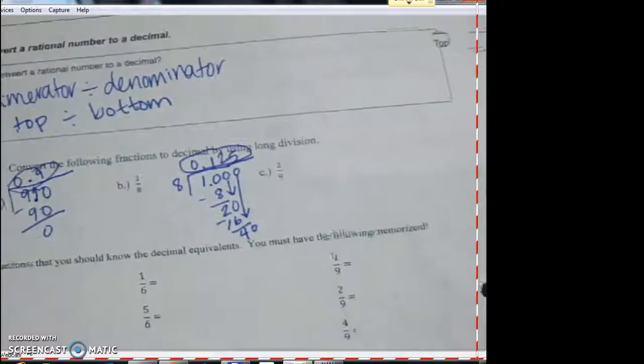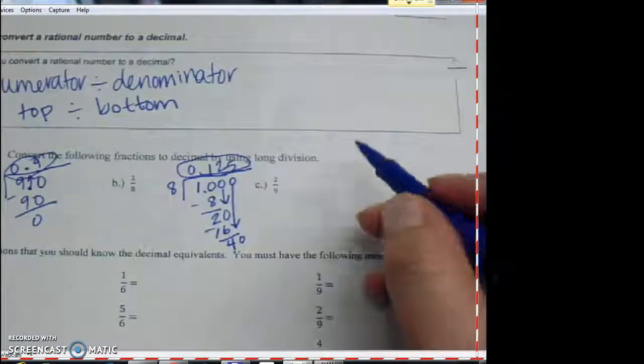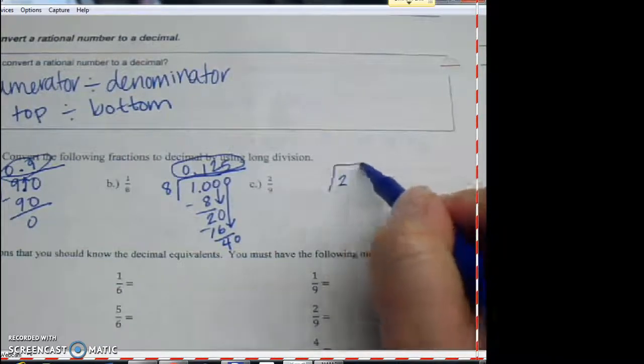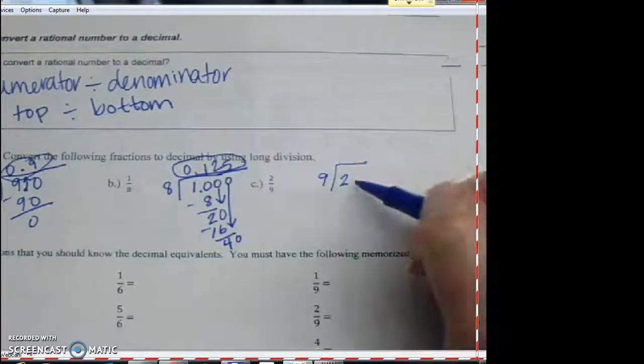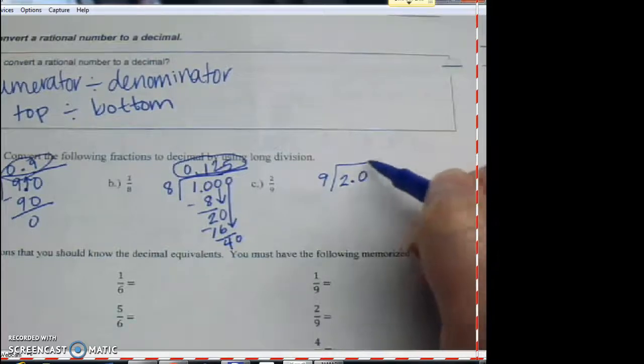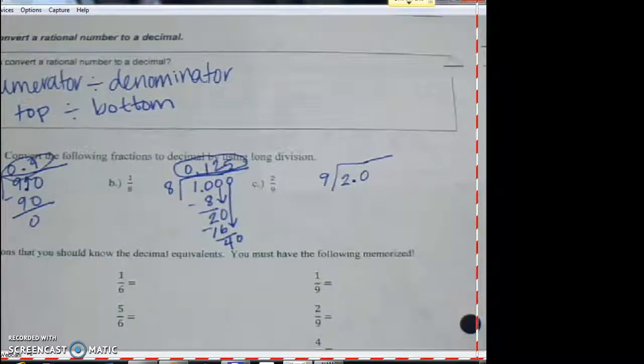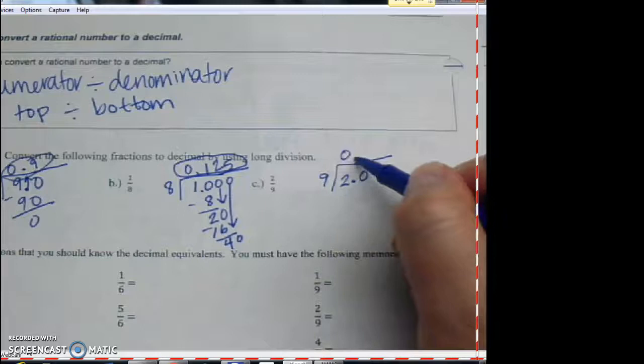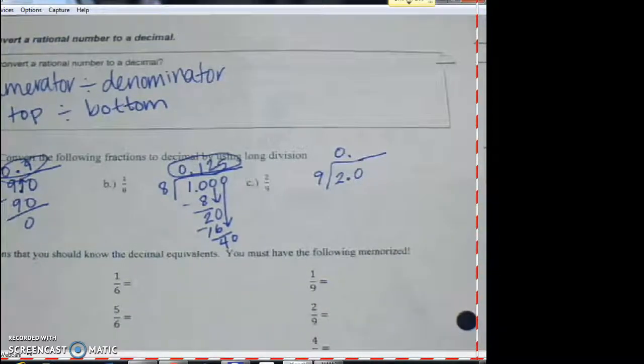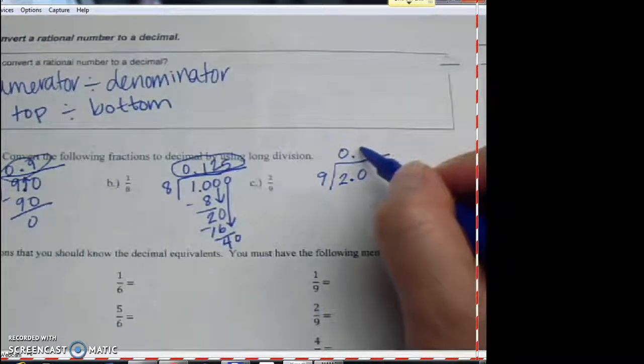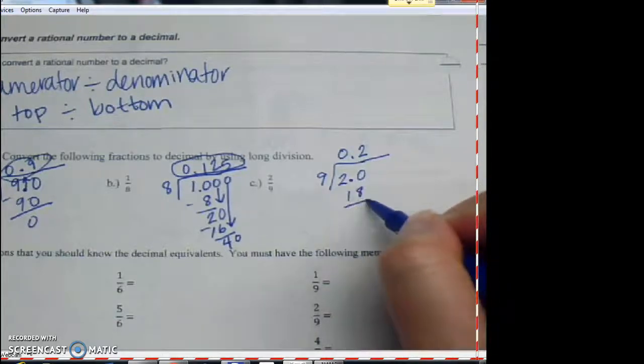Okay, let's look at 2/9. So we're going to do 2 divided by 9. I'm going to add my decimal point and 0 because I know I'm going to have to. 9 won't go into 2. 9 goes into 20 how many times? 2 times. So that's 18. I have 2 remaining.